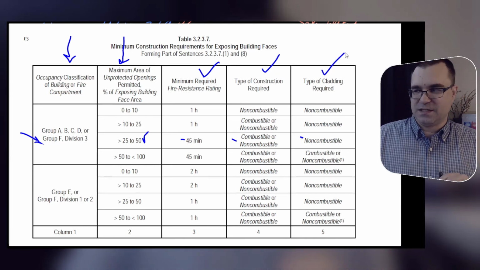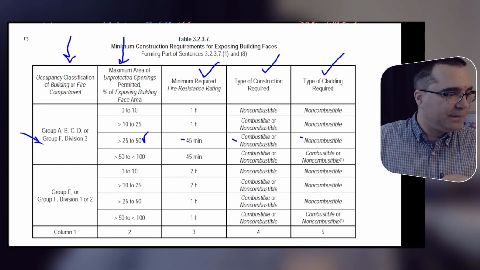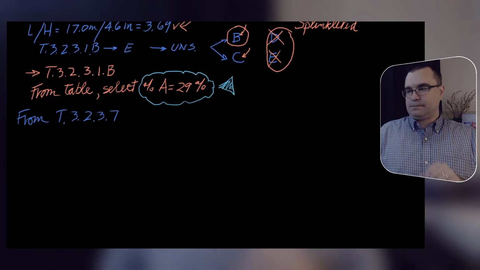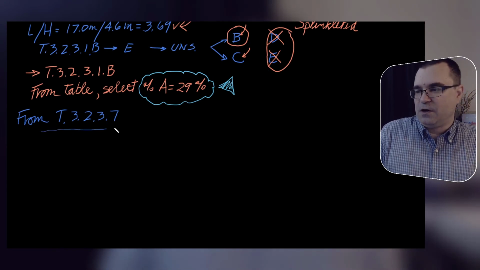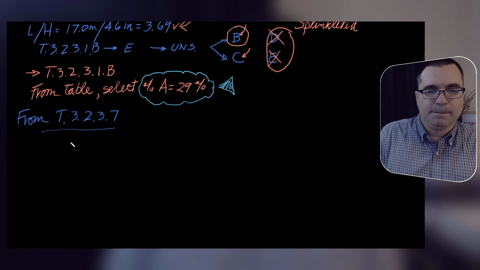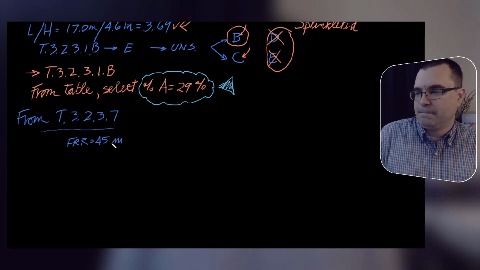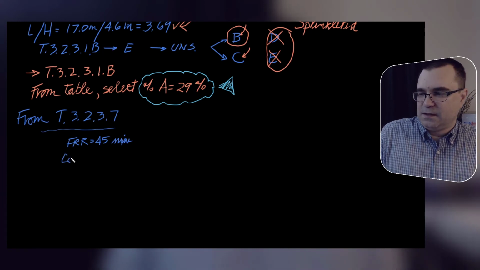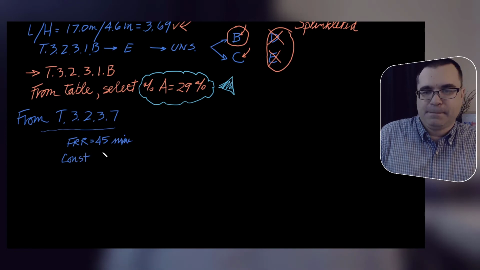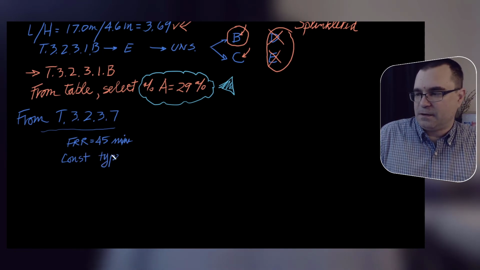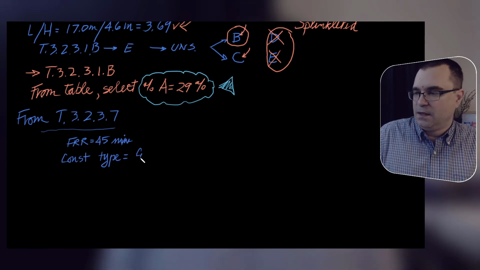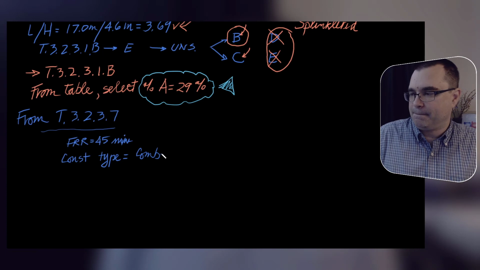So let's formalize this. Okay? Let's go back to our tablet. So, from this table, we get the construction requirements, which are fire resistance rating, 45 minutes. We get that the construction type is going to be combustible or non-combustible.